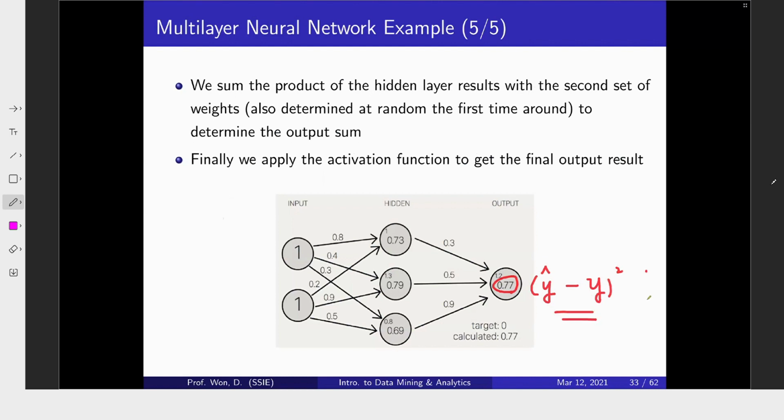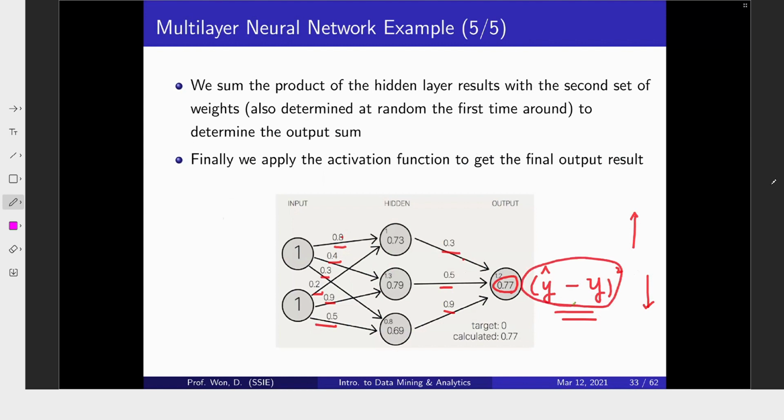If this one is small, our neural network is very good. If its value is very large, then our neural network is not working well, which means these values should be corrected. So my goal is to find all these values which minimize this number.